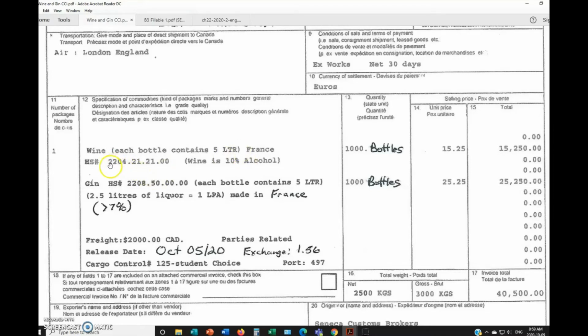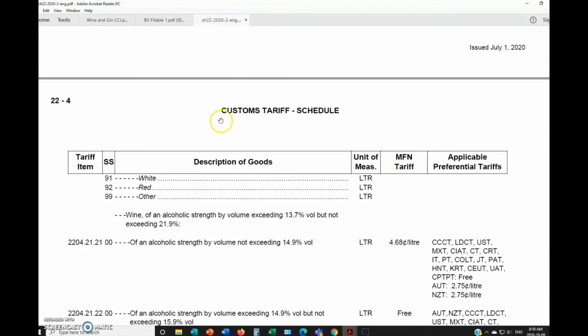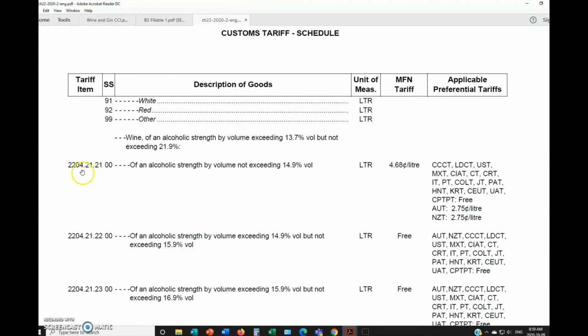So let's take a look at the HS number. We've got HS number of 2204.21.21. So if we go to the customs tariff, 2204.21.21.00, this is for wine of alcoholic strength not exceeding 14.9%. This one is 10%.